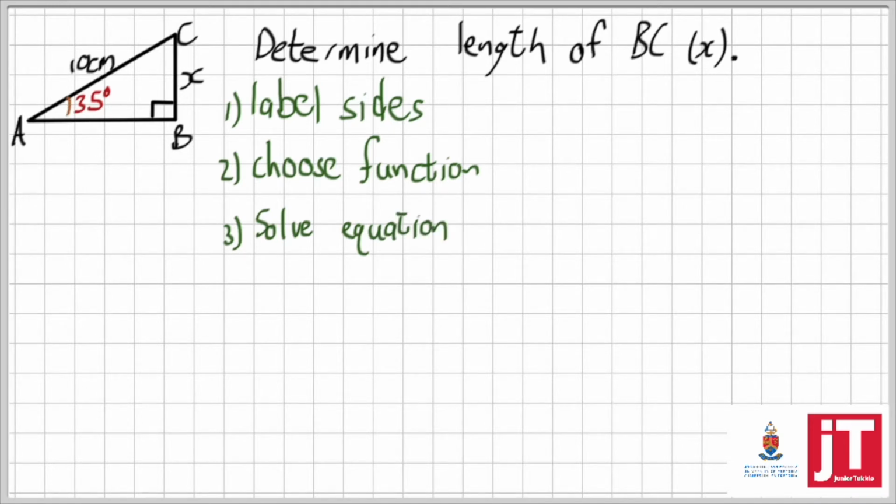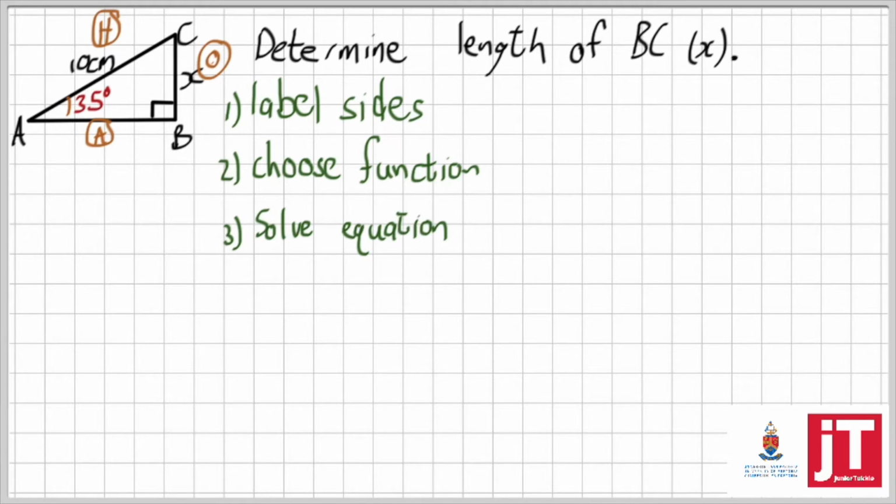So let's start with the first step, labeling the sides. I'm looking from the 35 degrees. In other words, AB is going to be my adjacent, BC is going to be my opposite, and AC is going to be my hypotenuse, the longest side opposite the 90 degrees.